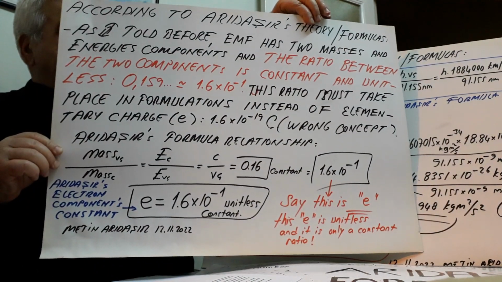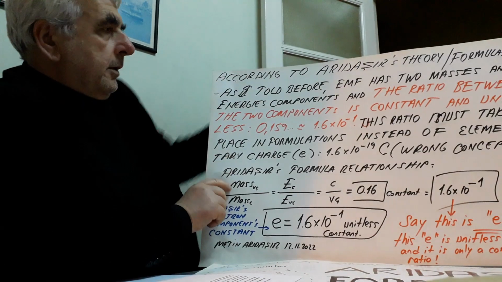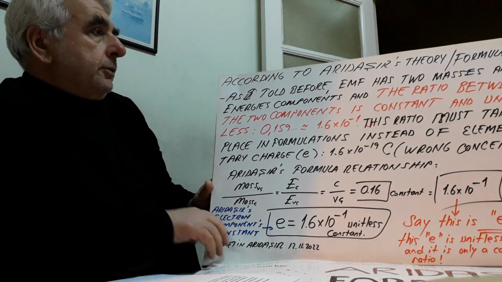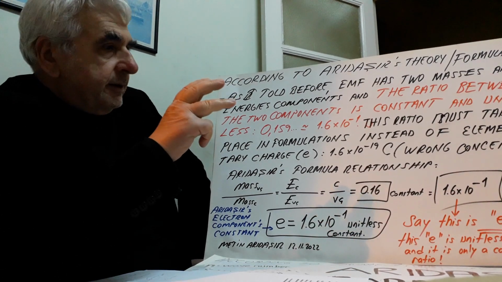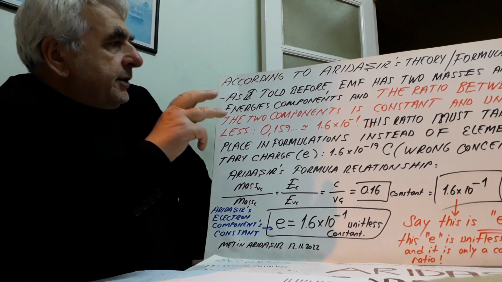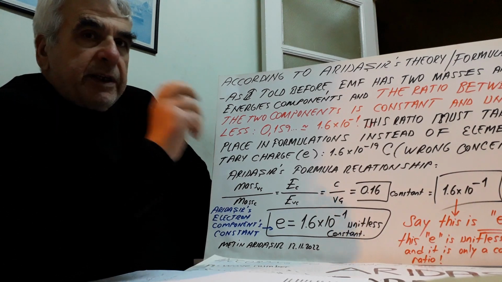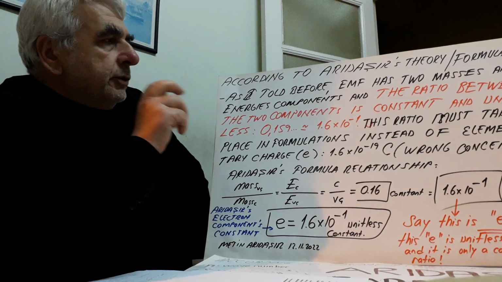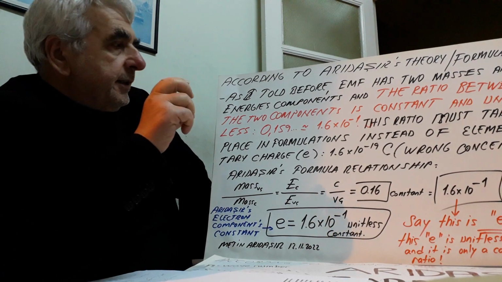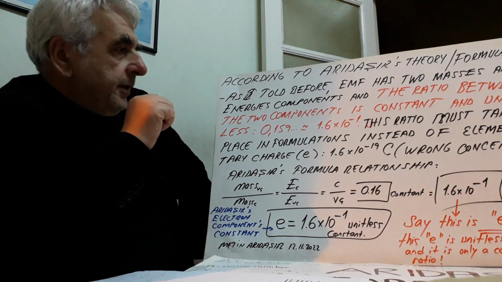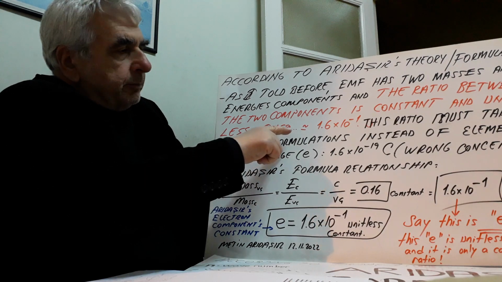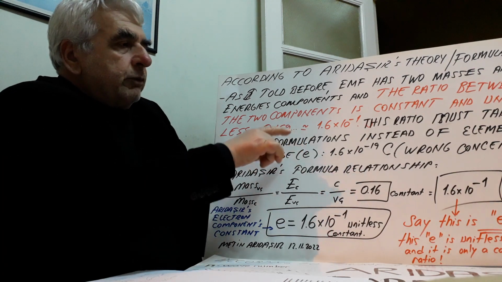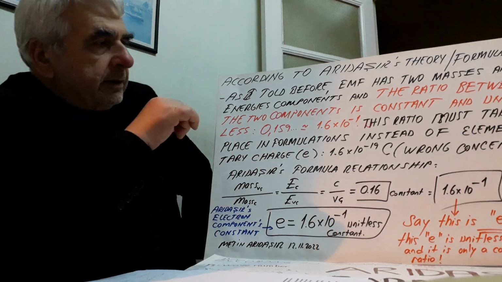Snapshot. As I told you before, the electron motion form has two masses and energies components, and the ratio between the two components is constant and unitless, 0.159, approximately 1.6 10 to the minus 1.